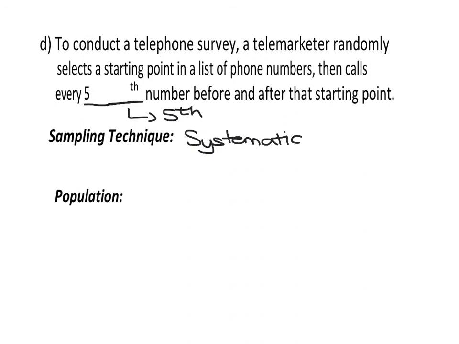It's a pretty popular sampling technique when dealing with large populations, because it is a pretty good way to randomize a sample. In this example, what is the population we are looking at? People with phone numbers.